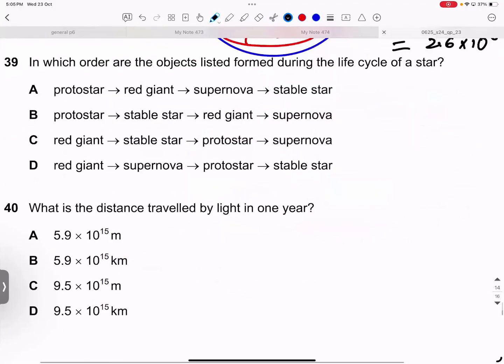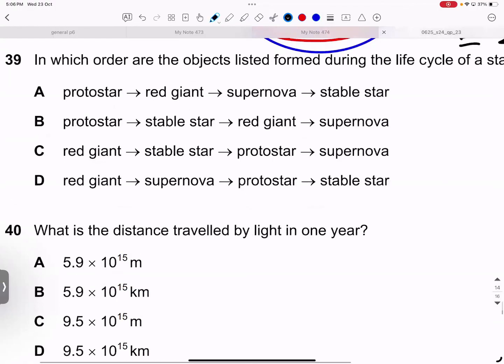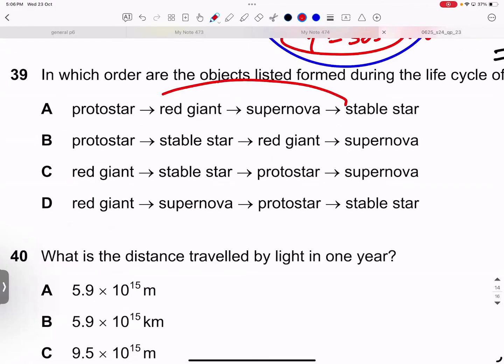Question number 39. In which order are the objects listed during the life cycle of a star? Protostar, red giant, supernova, stable. This should be here. Then it will be right. Protostar, stable star, red giant, supernova. Correct. Stable. Okay. So if you write for all of them, I can tell you the correct order is 1, 2, 3, 4.